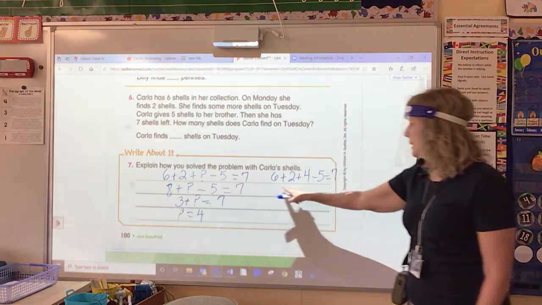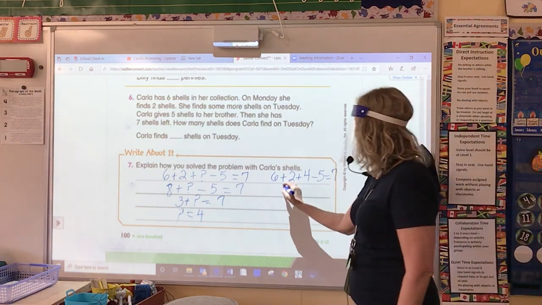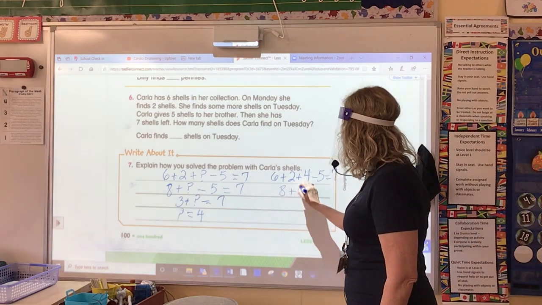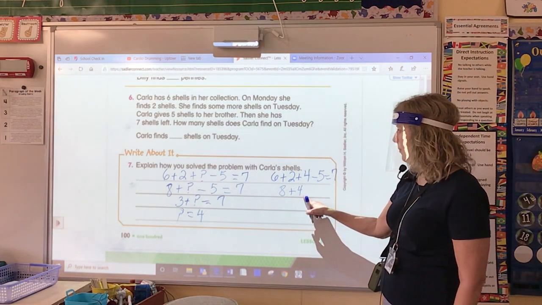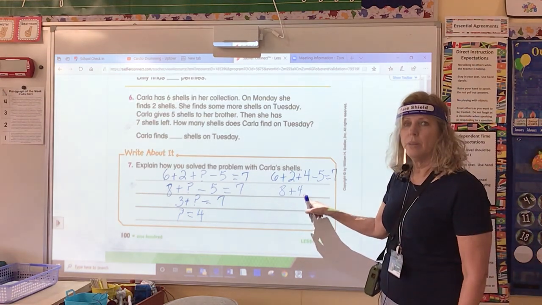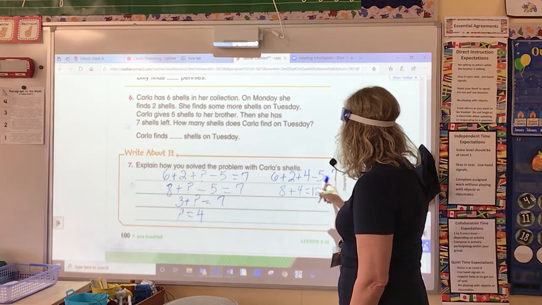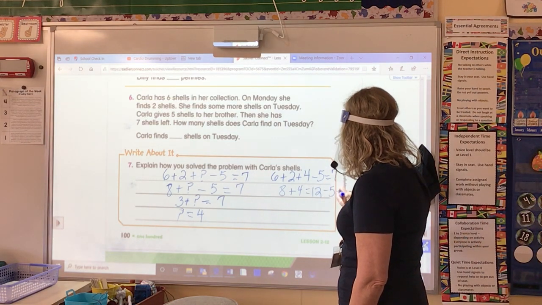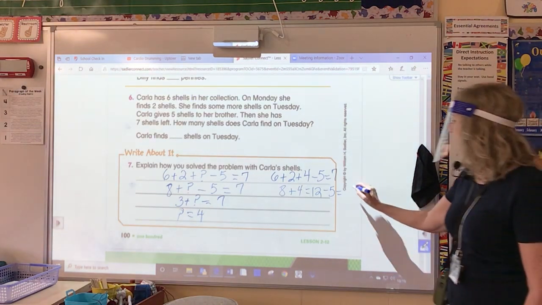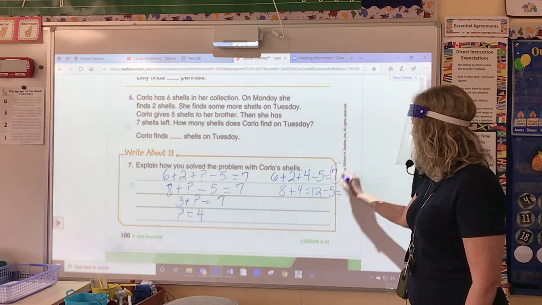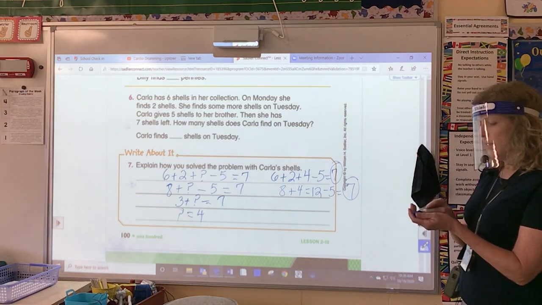All right, 6 plus 2 equals 8. 8 plus 4 equals, what's 8 plus 4 equal? 12. Thank you. Minus 5 equals, 12 minus 5 equals what? 7, which they equal. All right, are we good there?